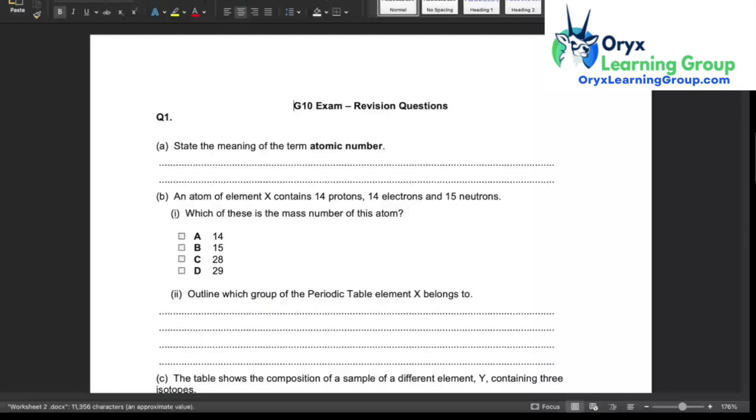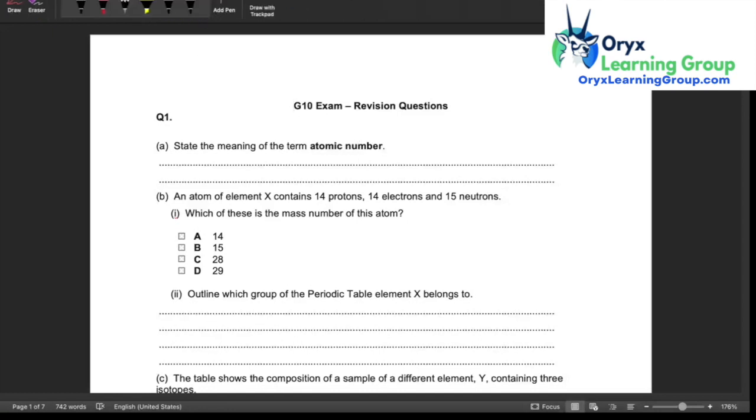Okay, so it says: state the meaning of the term atomic number. What is atomic number? How do you define atomic number? You can find it on the periodic table. The periodic table depends on how the elements are arranged.